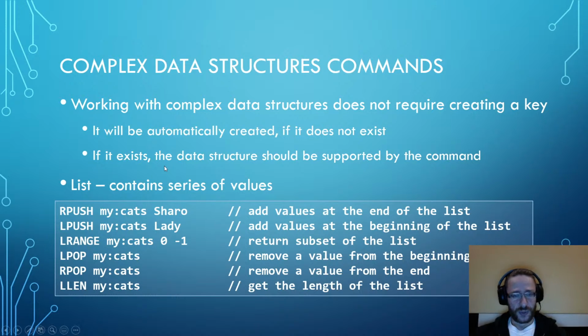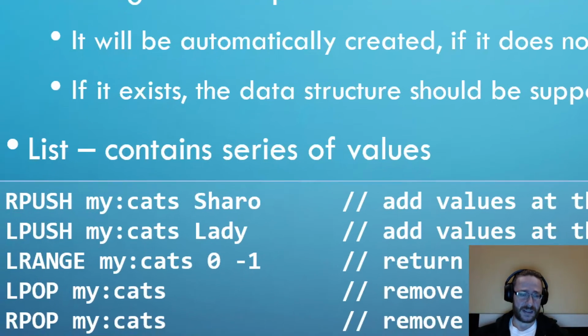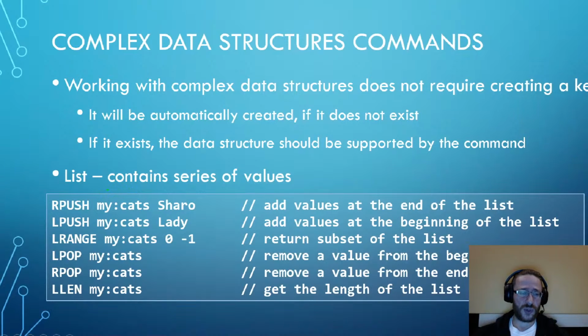So let's start with the most commonly used complex data structures. The first one is a list. It's a normal list which contains a series of values. So how to use a list? You can specify right push and left push. Right push and left push just add a value to the list at different ends.